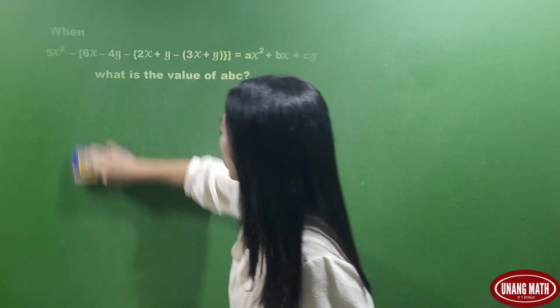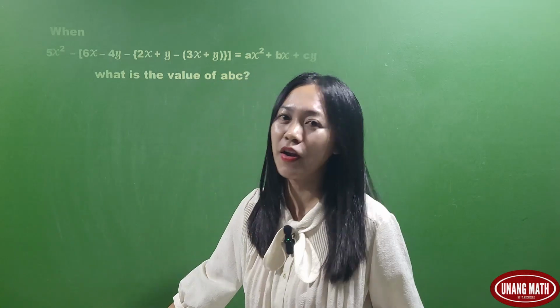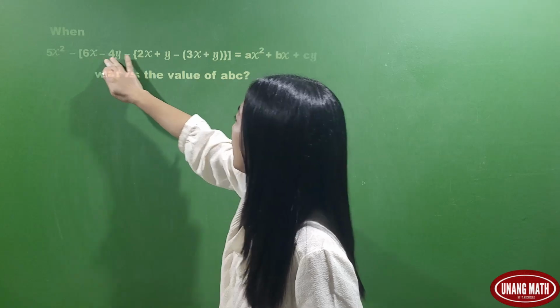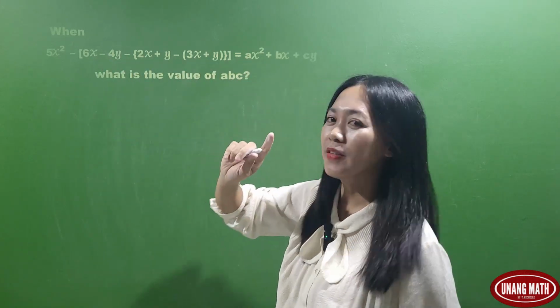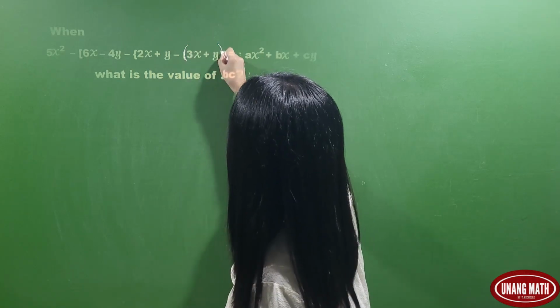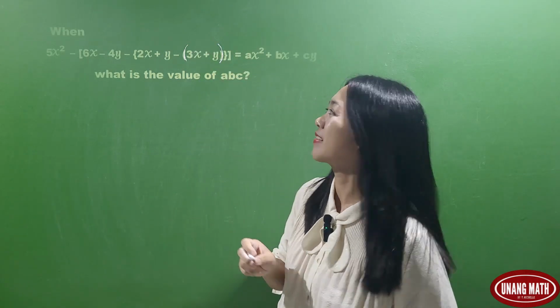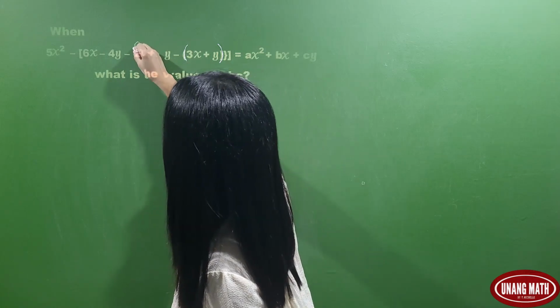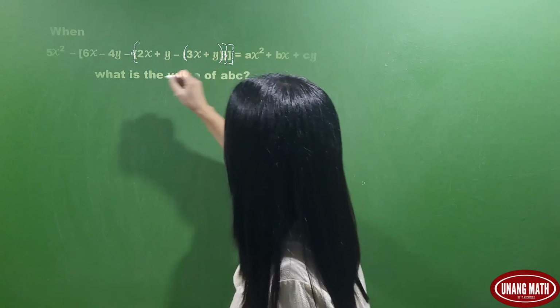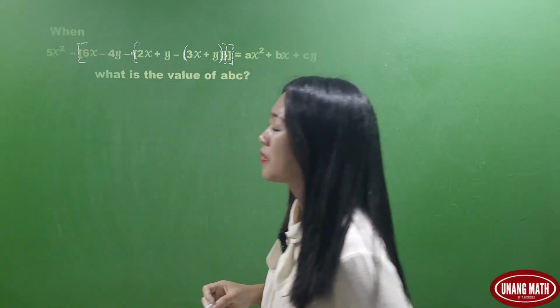Okay, if we are going to recall the process, if there are various parentheses in one expression, the first thing that we have to simplify is inside the parentheses. Next would be these braces, and lastly, brackets.